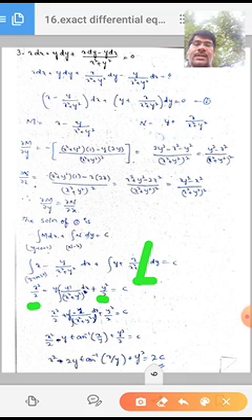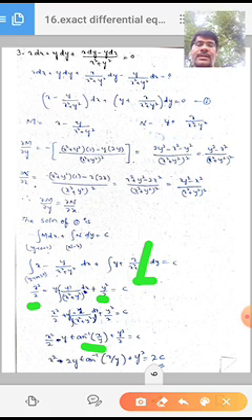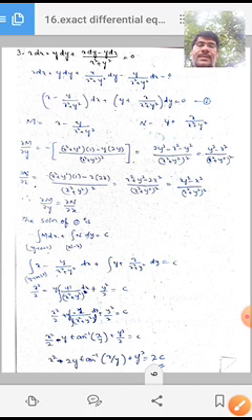Here y is a constant, keep it on the left-hand side. Here the integration of 1/(x² + y²) dx is tan⁻¹(x/y). We are getting this result. Here the final solution is x² − 2y tan⁻¹(x/y) + y² = 2c. Yeah, this is the solution of the given differential equation.